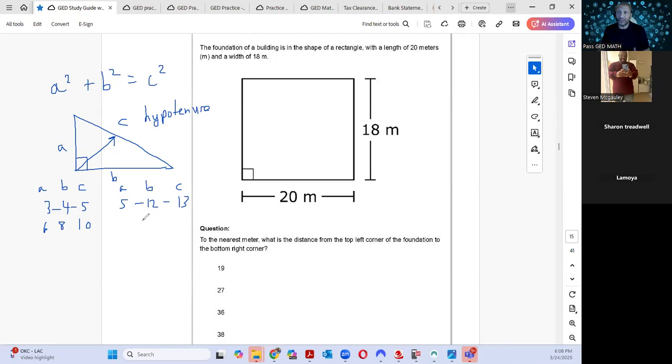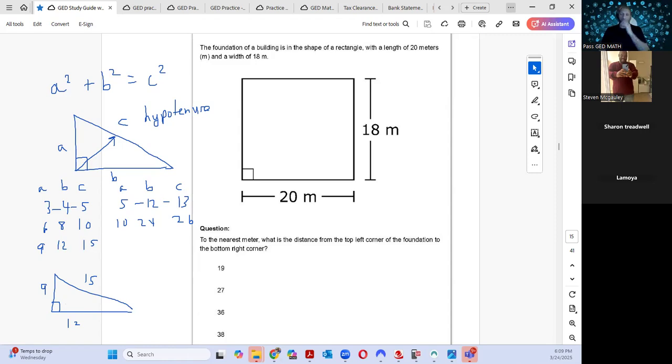The second gives 10, 24, 26. If I multiply the first by 3, I get 9, 12, 15. So if you see a triangle that has legs of 9 and 12, you don't have to do any work. You don't have to plug anything in. You should know the hypotenuse is 15. So be very familiar with the 3-4-5 and 5-12-13 triangles.